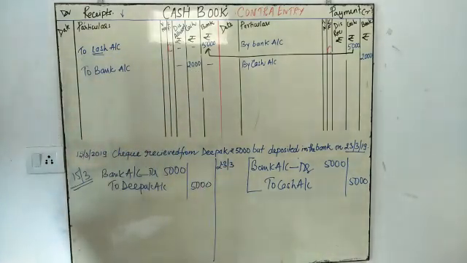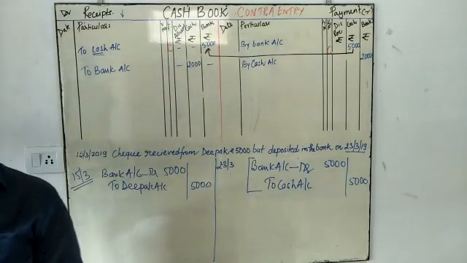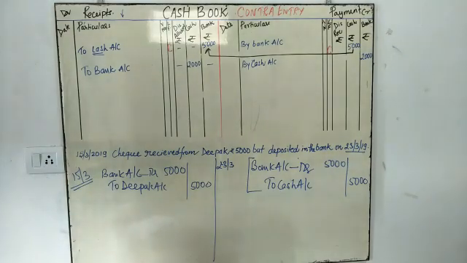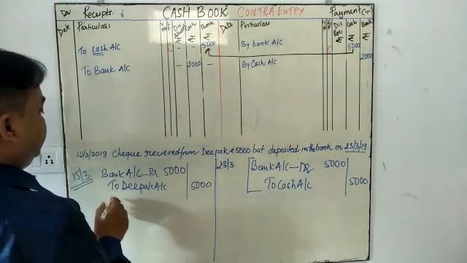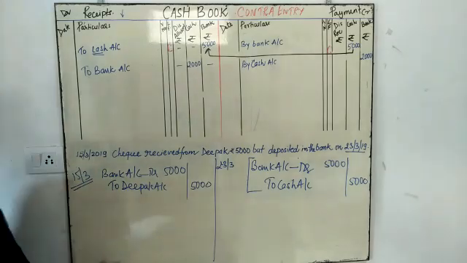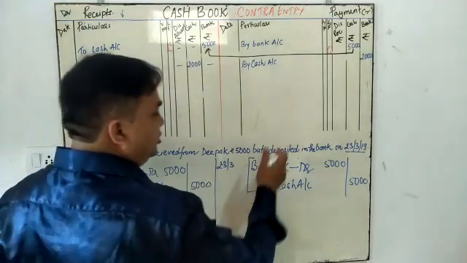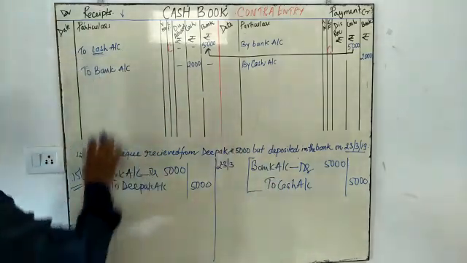The bank account is going to increase. So in this situation, you observe there will be two entries. When the check is received, you will pass this entry, and when the check is deposited, you will pass this entry. So how to put this here?